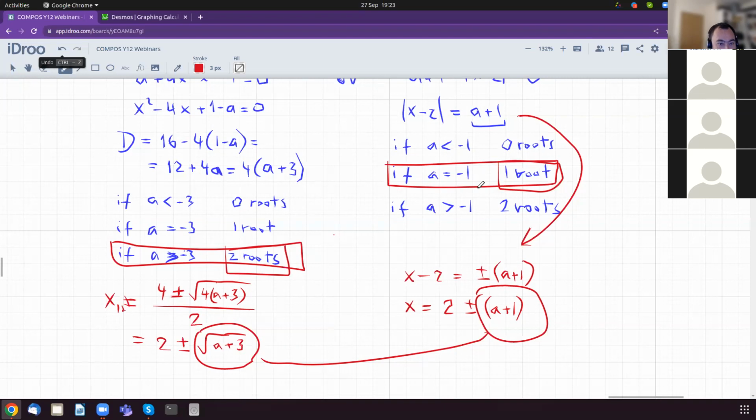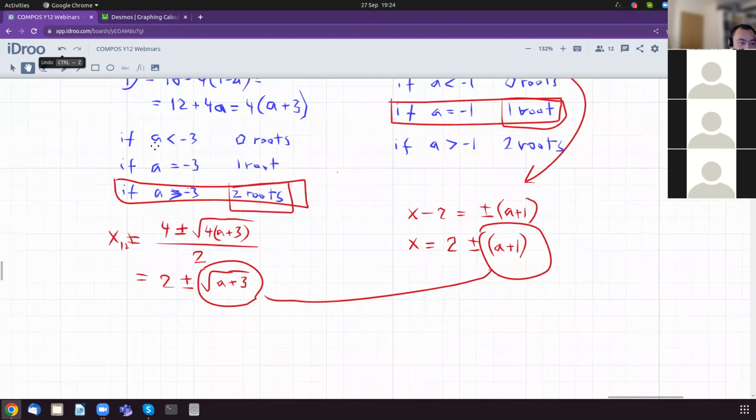It's 12 plus 4a, which is 4(a + 3). I factorized it. Hope that makes sense. So as long as this bit is not equal to this bit, the roots will not match up. So these 2 are different, these 2 are different, and these 2 are different. And as long as these 2 are not the same, we will have different roots.